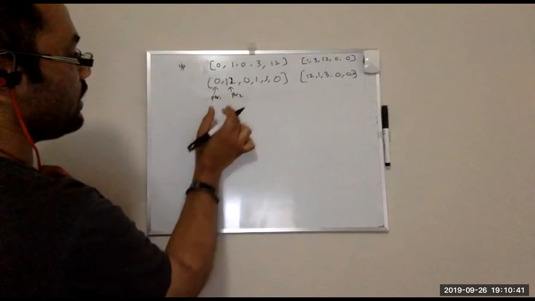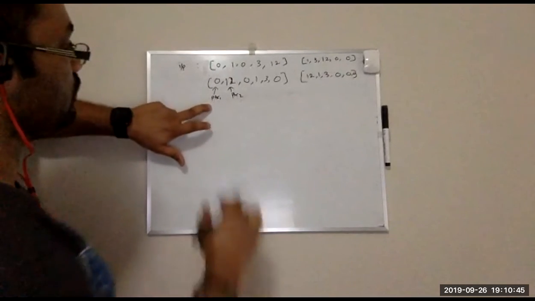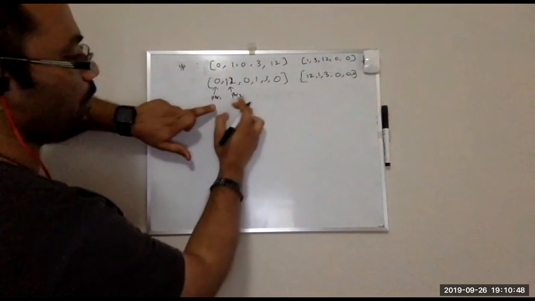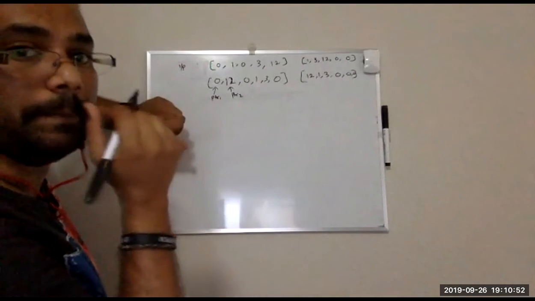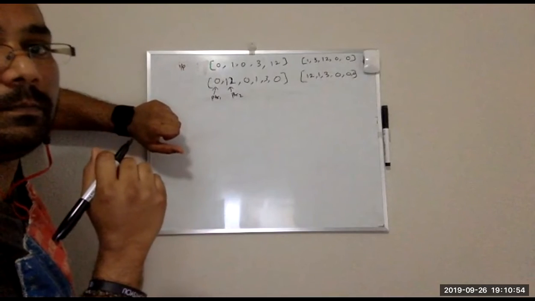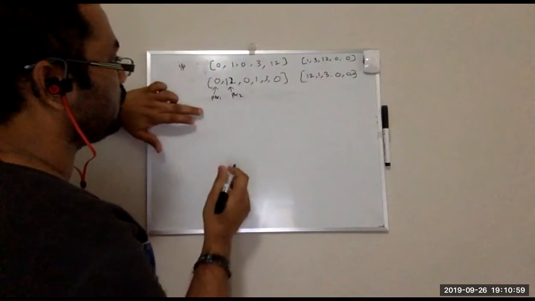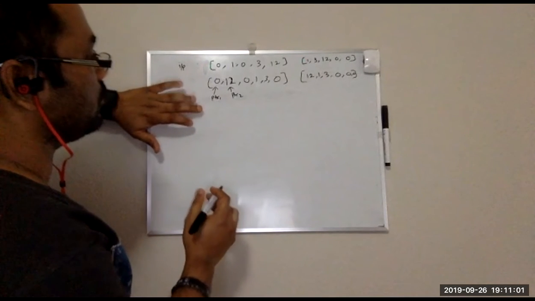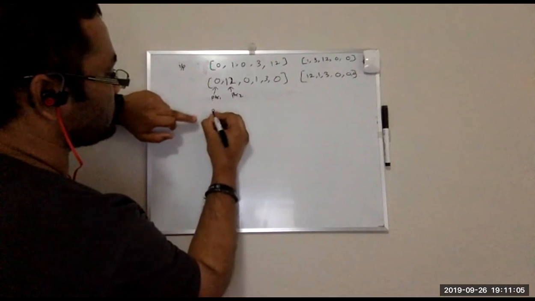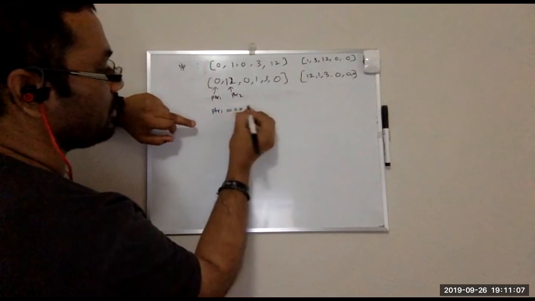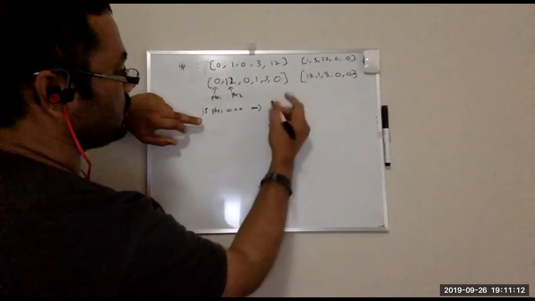If pointer 1 is 0, then we switch that element with pointer 2 only if pointer 2 is not equal to 0. I mean, you can do it for 1, but what about the rest of them? Say if pointer 1 is 0 here, then we will swap.